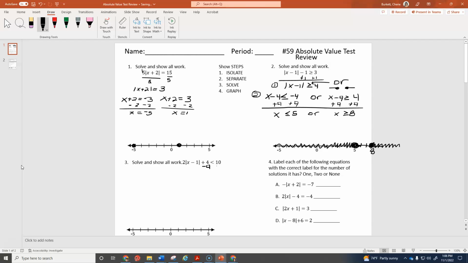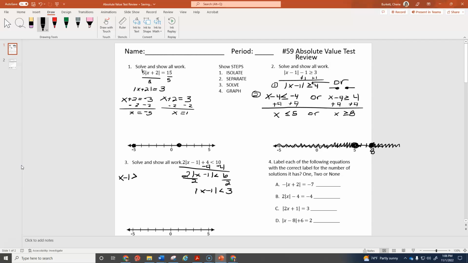Isolate, start with the 4. I'm still isolating. And separate x minus 1.